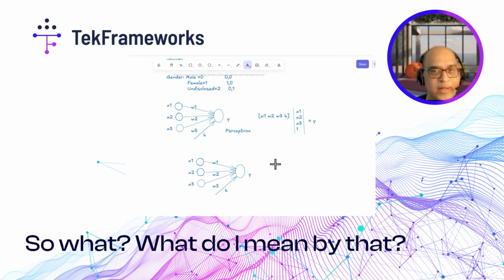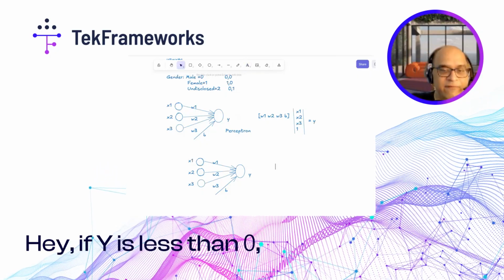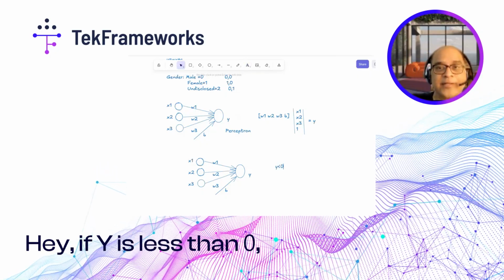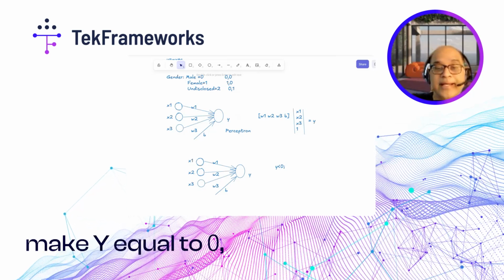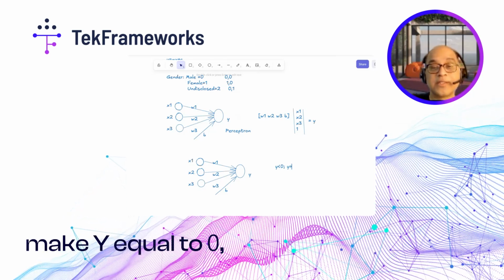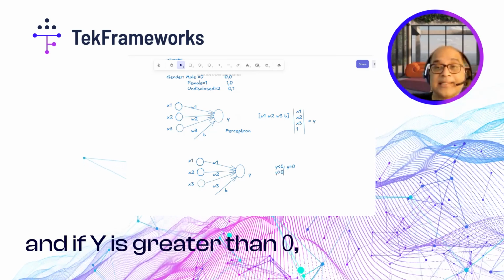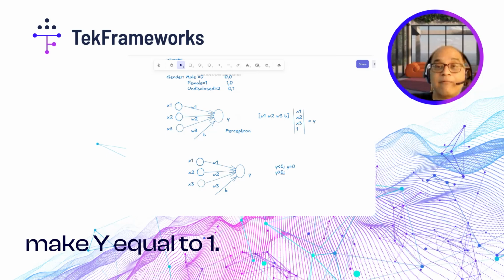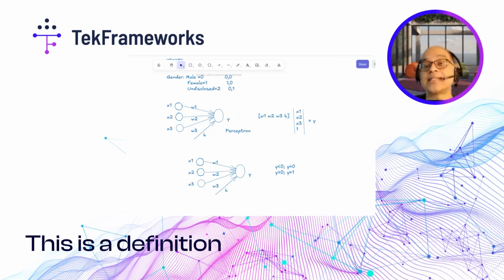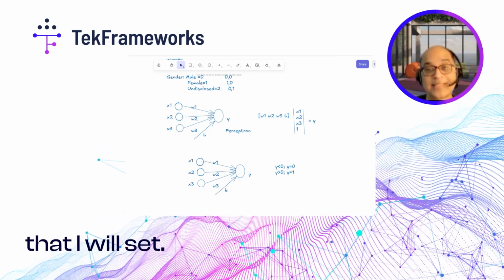Now, one way of doing it is to apply a threshold function to y. What do I mean by that? If y is less than 0, make y equal to 0. And if y is greater than 0, make y equal to 1. This is a definition that I will set.